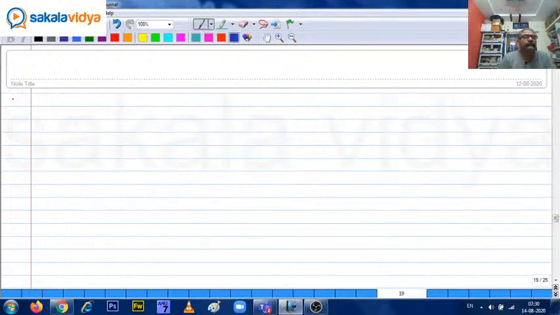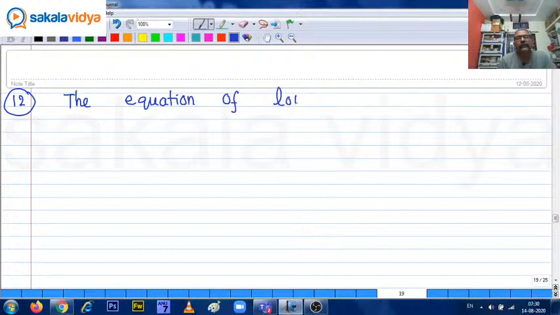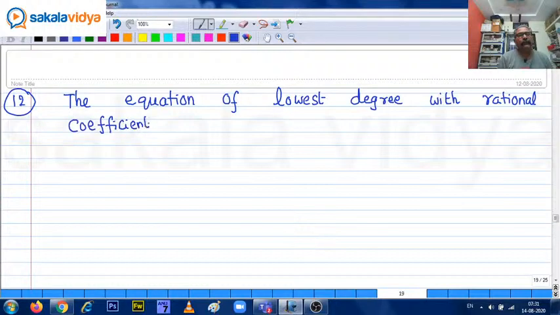Now the 12th one. The equation of lowest degree with rational coefficients having a root root a plus root b i.